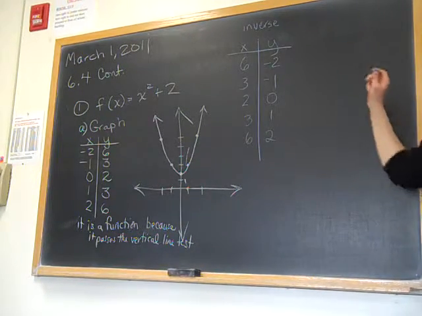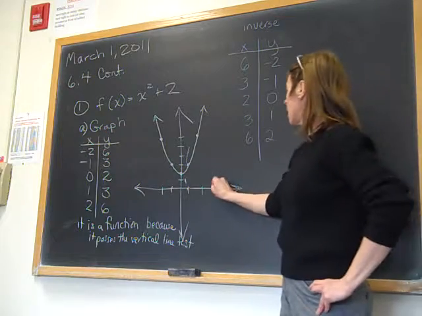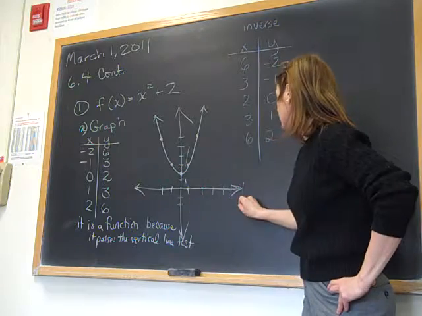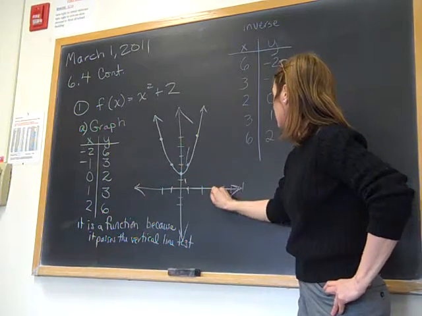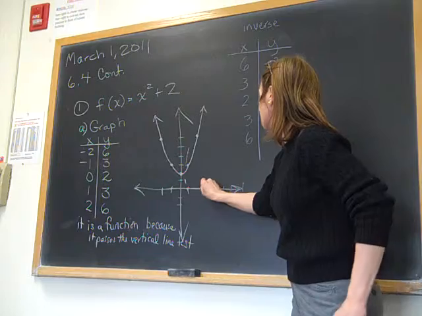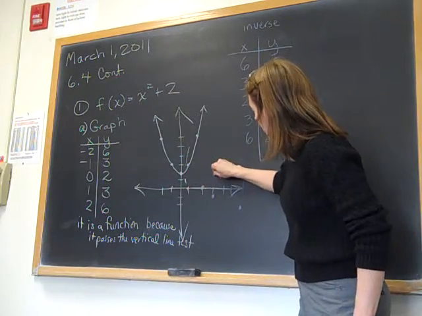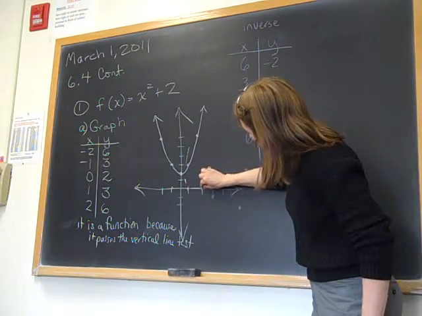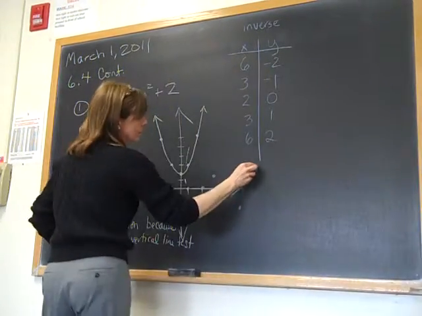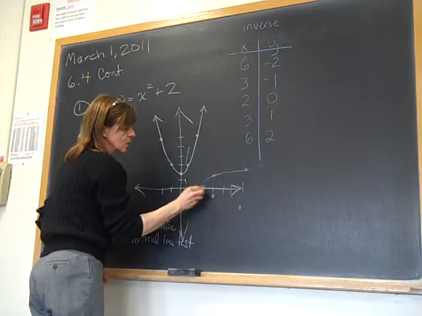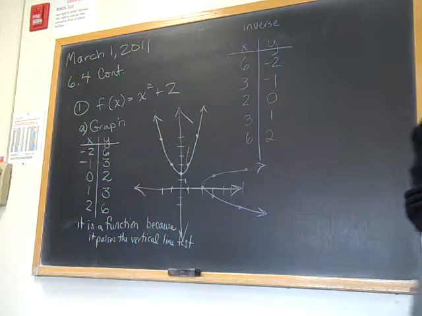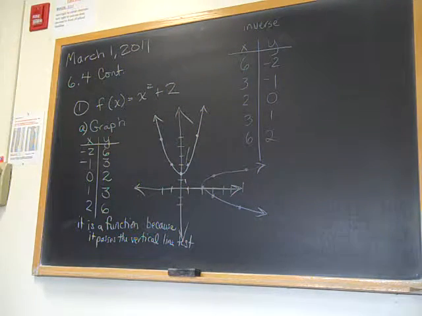And we can then take those points and graph them on our same set of axes. And we will get the purple graph.